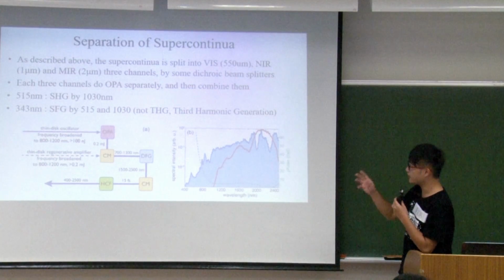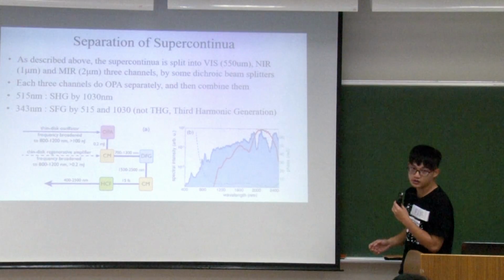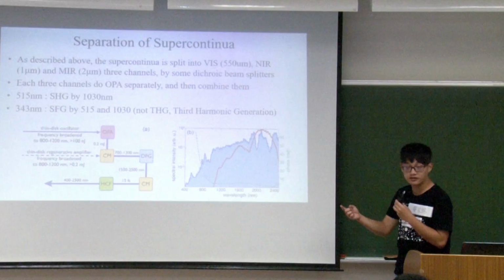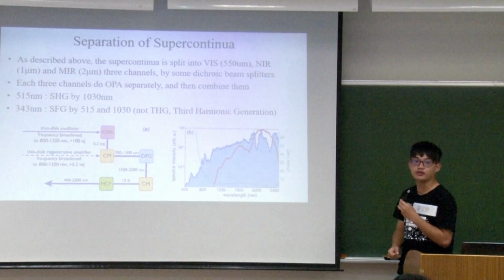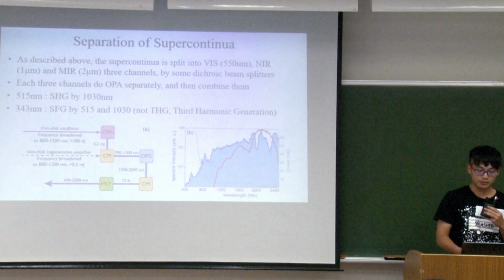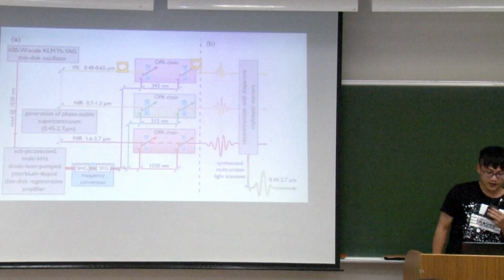Instead, we do SHG and SFG. So we take 515 plus 1030, and we get 343. This is how we get a third harmonic more efficiently.